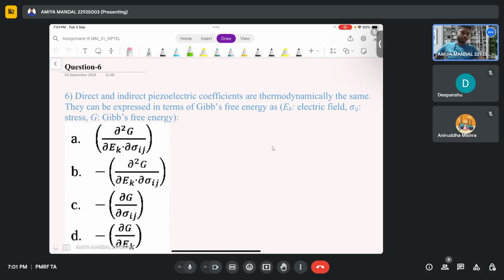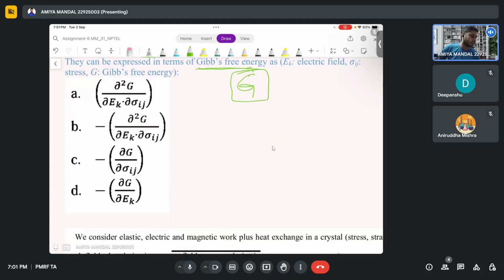We also know about Gibbs free energy; we will see on how many factors it depends. For the direct and indirect piezoelectric effect, d_ijk, the Gibbs free energy depends on E_k and sigma_ij, and their variation with G produces sigma_ij.